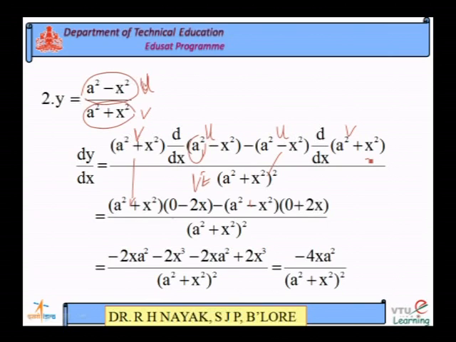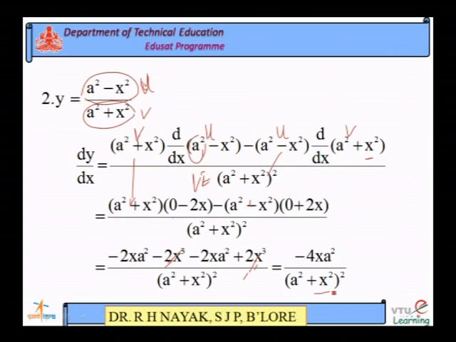These two get cancelled and the remaining is minus 2 plus 2, 4 a x square, divided by a square plus x square whole to the power of 2. That is the example for the quotient rule.